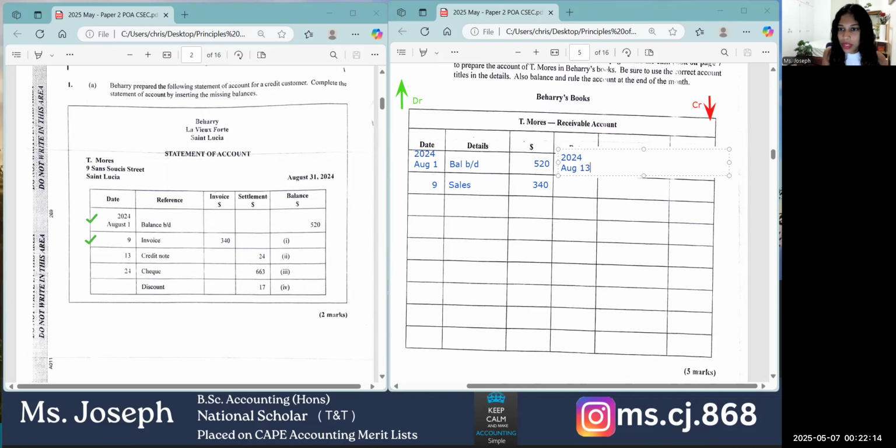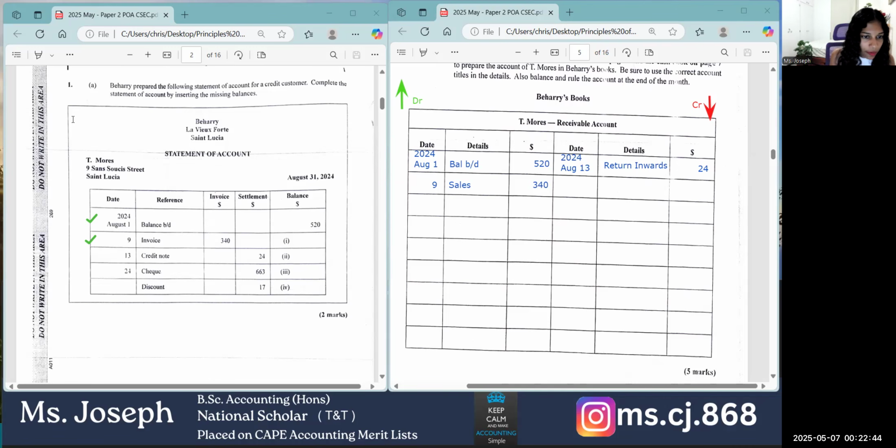This was on the 13th. And you see how they say be sure to use the correct account titles. What we would be referring to here will be our return. It's going to be coming back into us. So return inwards. Return inwards of $24. He will owe us $24 less because he returned goods into our business.